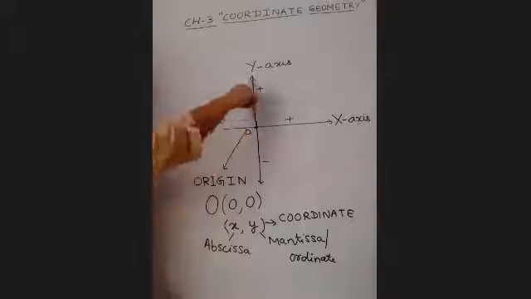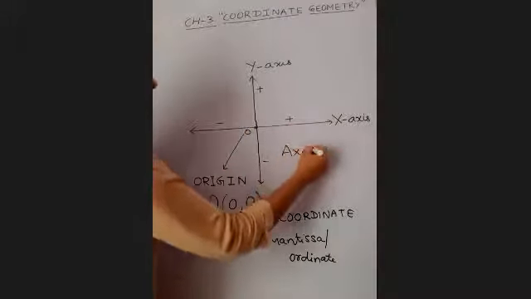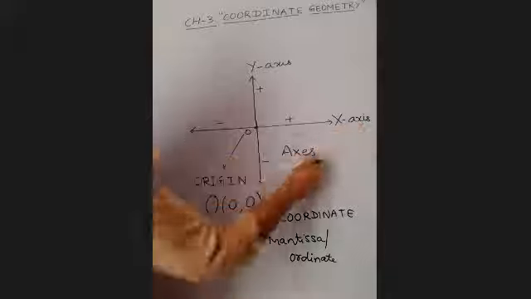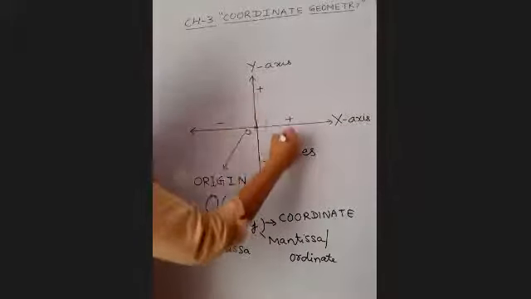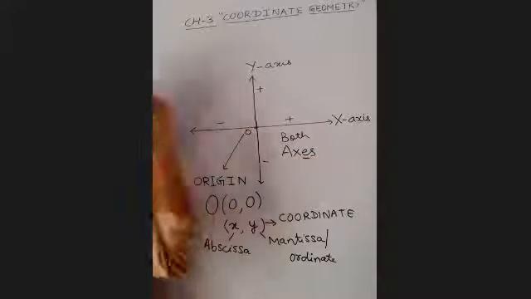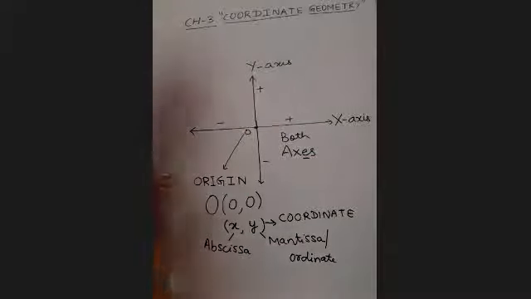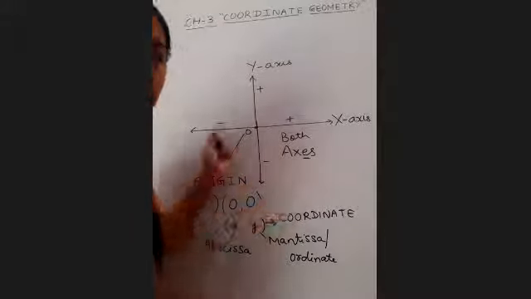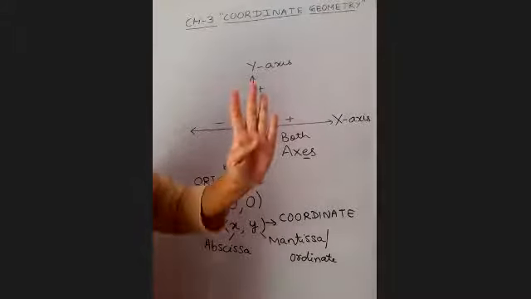Then we also discussed that these two axes, children, the singular is axis, the plural is axes, written A-X-E-S. Now both these axes divide the entire plane into 4 parts.